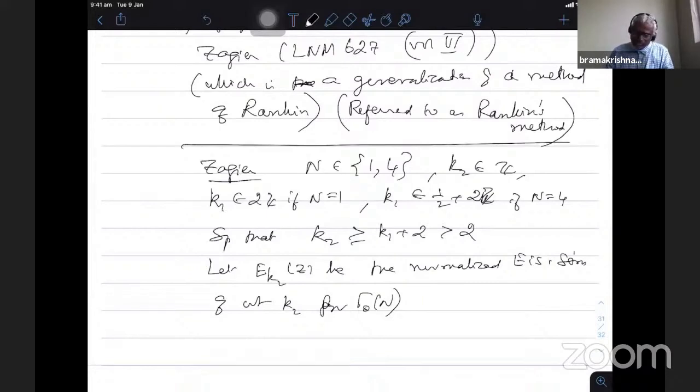We are talking about gamma 0 of N, so you have to take the usual Eisenstein series of level 1. So it is a normalized Eisenstein series of integral weight, the usual way we define it.